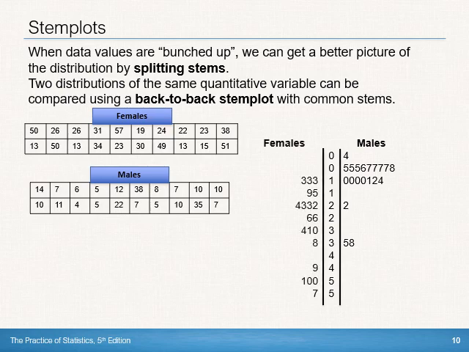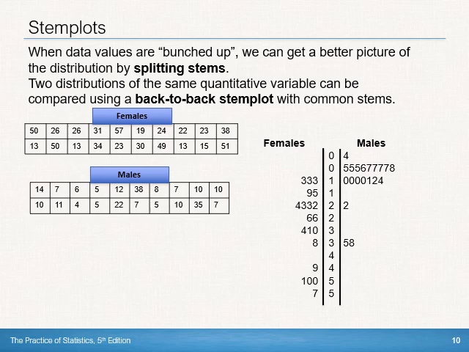The smaller leaves are close to the stems, and they get bigger as they go out. So the females look almost like they're in reverse order. For example, if we look at the 20s, it's 22, 23, 23, 24. They get bigger as they go out. The males get bigger as they go out away from the stems.